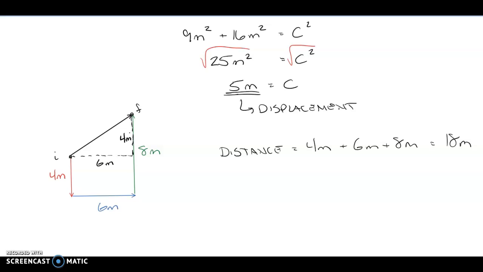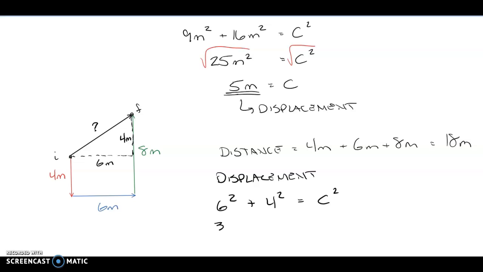So I have the two sides of my triangle. To calculate my displacement, I would say 6 squared plus 4 squared, my two legs, has to equal the hypotenuse c squared.